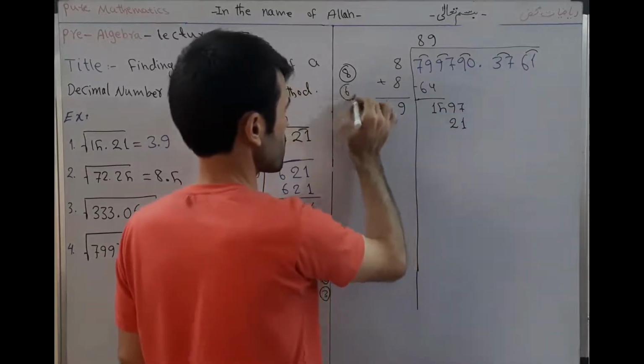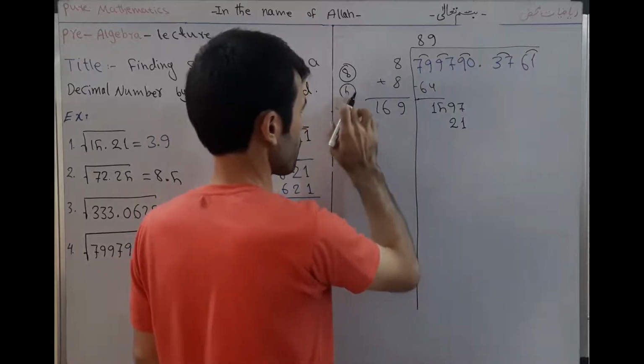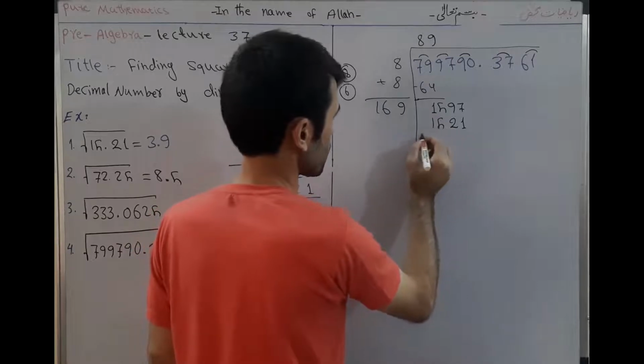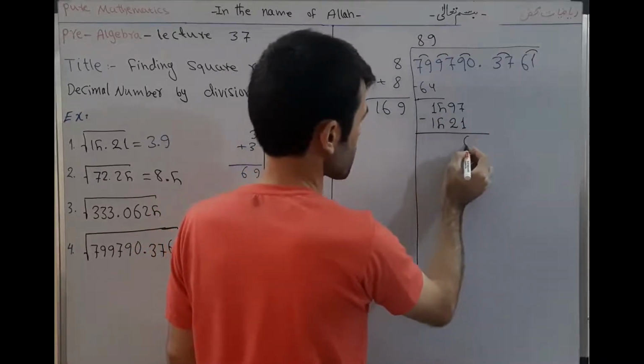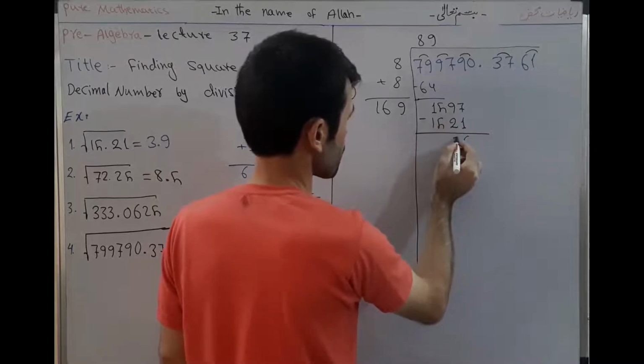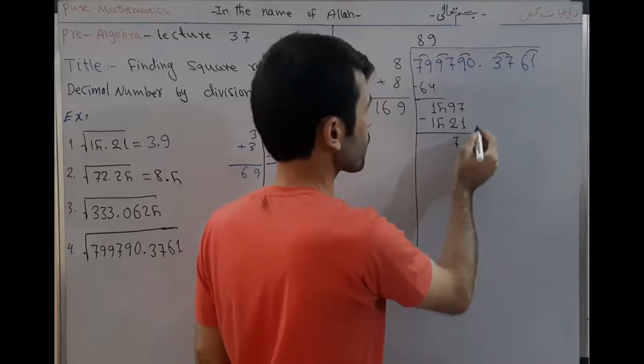Carry 6. 9 multiplied by 1 is 9. 9 plus 6 is 15. 7 minus 1 is 6. 9 minus 2 is 7. 5 minus 5, 1 minus 1.